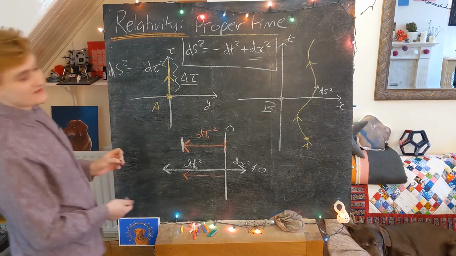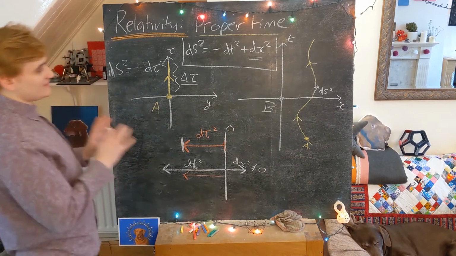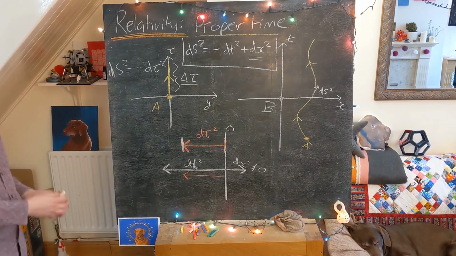So we're going to see a lot more of this, and we're going to be able to draw some really nice pictures on our space-time diagram to really clearly see this difference in time intervals.